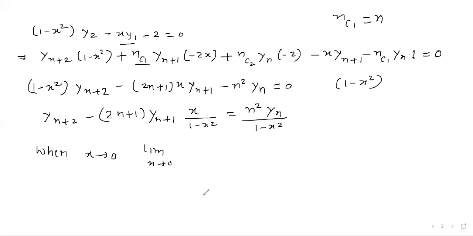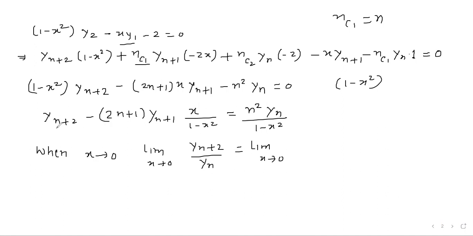So the limit as x tends to 0 of y(n plus 2) divided by yn equal to the limit as x tends to 0. And here we are going to put x equal to 0. So here this term will become 0 and this term will become 0.